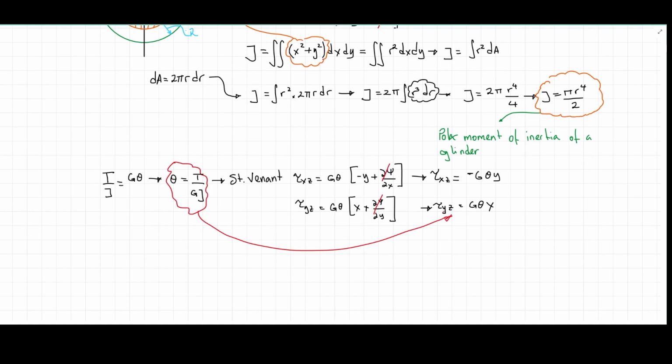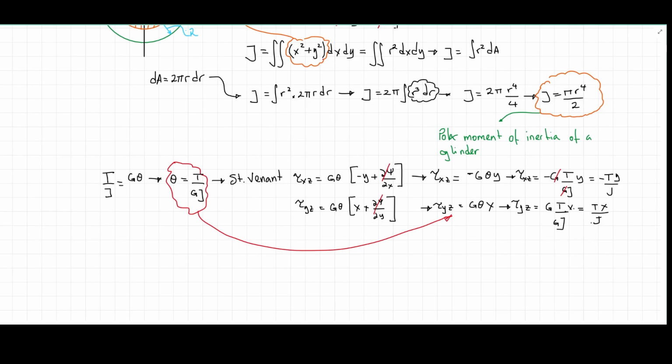If I substitute, then I have that τxz equals minus G T divided by GJ, the torsional rigidity, times y. The G goes out, and I end up with τxz equal to minus Ty/J. And τyz, the same, T divided by GJ, then this x, which equals Tx/J.